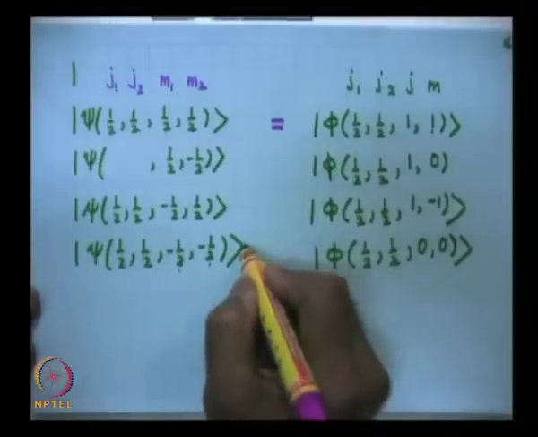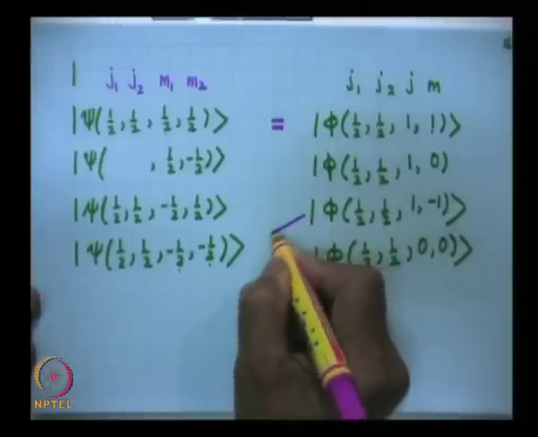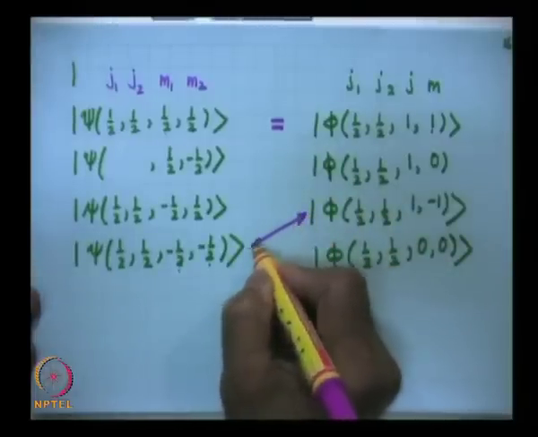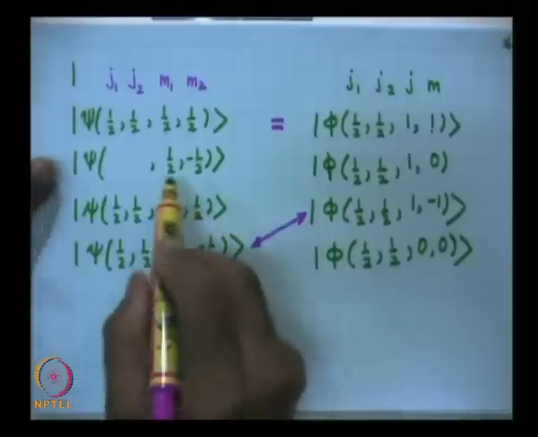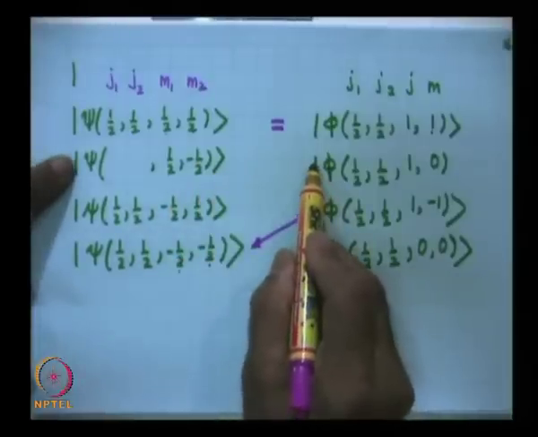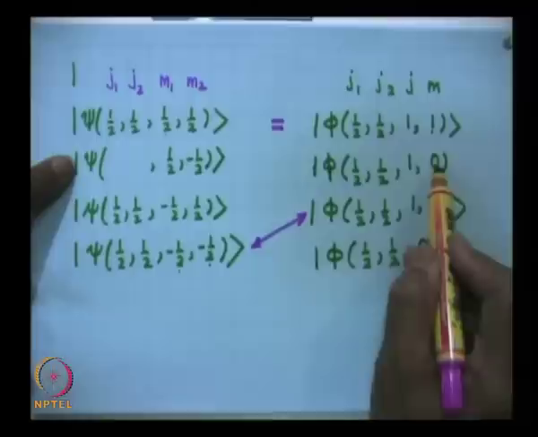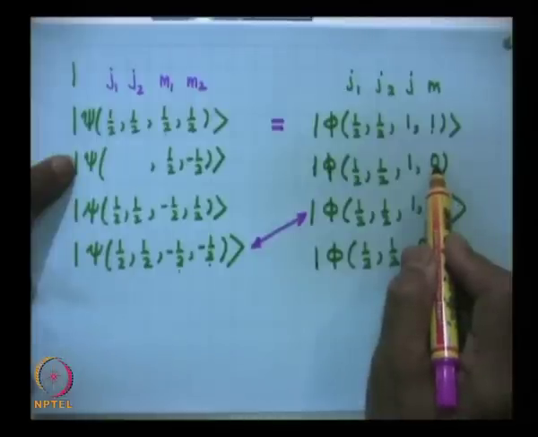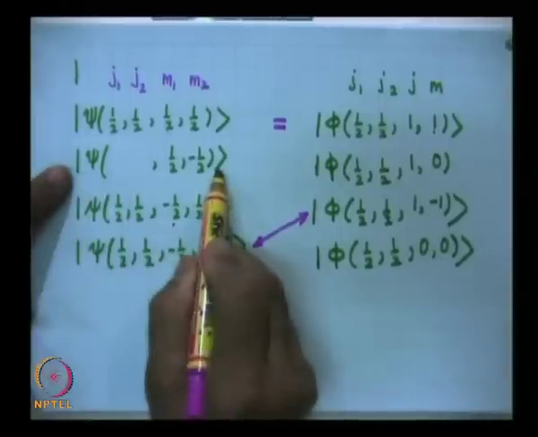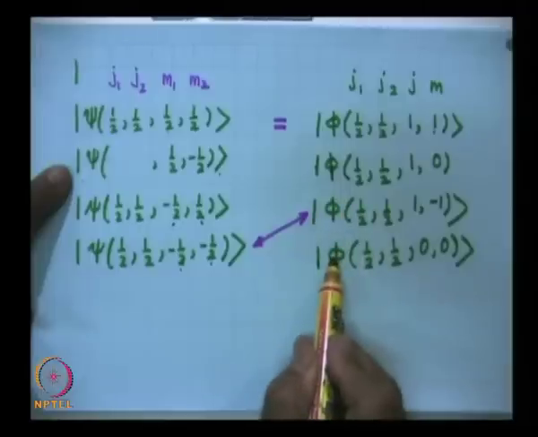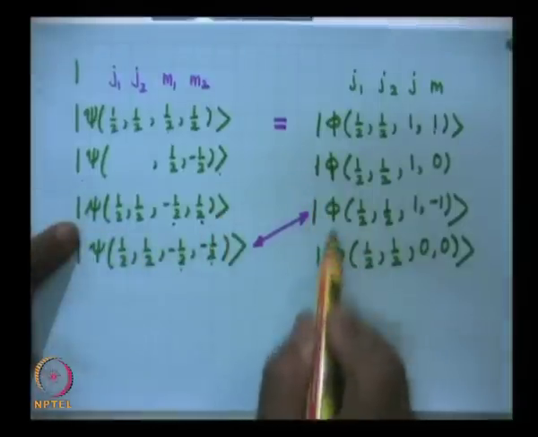So, this must be equal to this, this must be equal to this, and this must be a linear combination of this and this, because m is 0 and here also m is 0, because m 1 plus m 2 is 0. So, this function must be a linear combination of these two and this function must be a linear combination of these two.